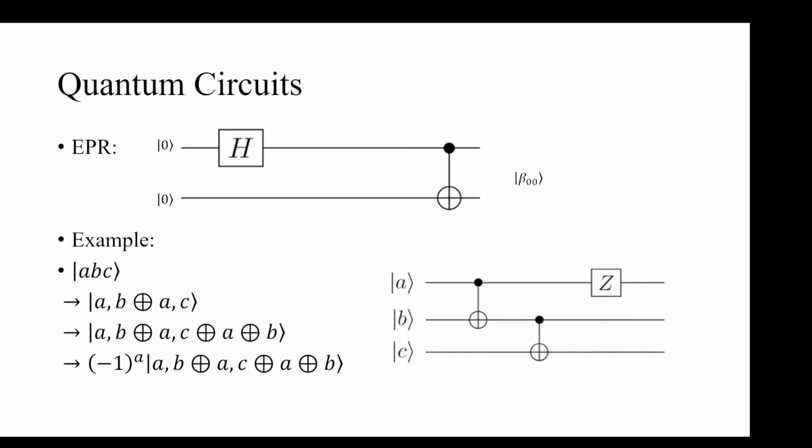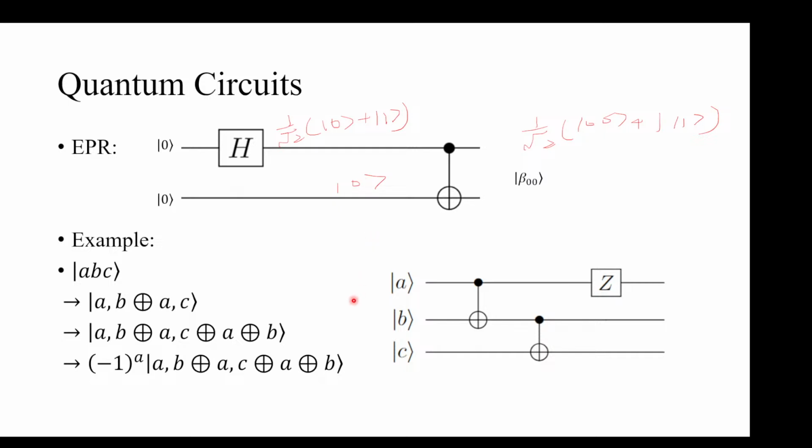Hadamard turns 0 to plus state, so this is 1 over square root 2 of (0 plus 1), and it's still 0 down here. And the CNOT will add the first qubit to the second qubit. So you have 1 over square root 2, and 0 still stays 0, and then this 10 will become 11, because you add this 1 to this 0.